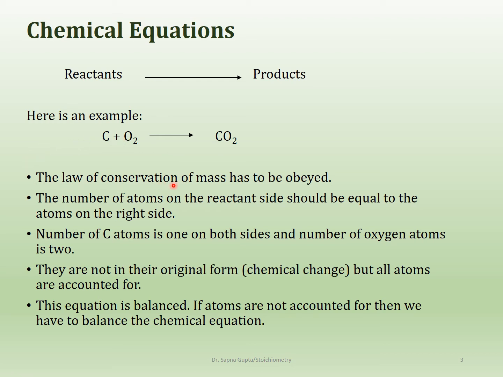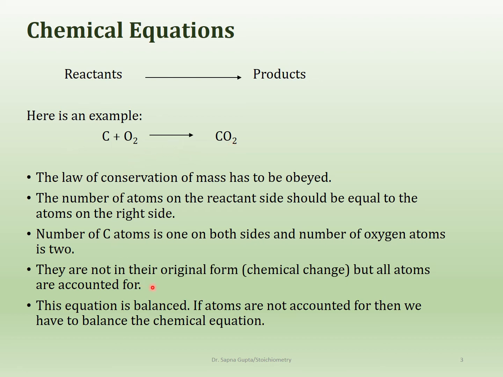The first thing you have to remember is that the law of conservation of mass has to be obeyed, which, if you remember from Dalton's atomic theory, states that in a chemical reaction, atoms will rearrange, nothing will be created, nothing will be destroyed, which means that the number of atoms you have on the left-hand side should be equal to what is on the right-hand side. So the number of carbon atoms in this equation is 1 on the left, 1 on the right, and 2 oxygen atoms on the left and 2 oxygen atoms on the right. So matter is conserved over here.